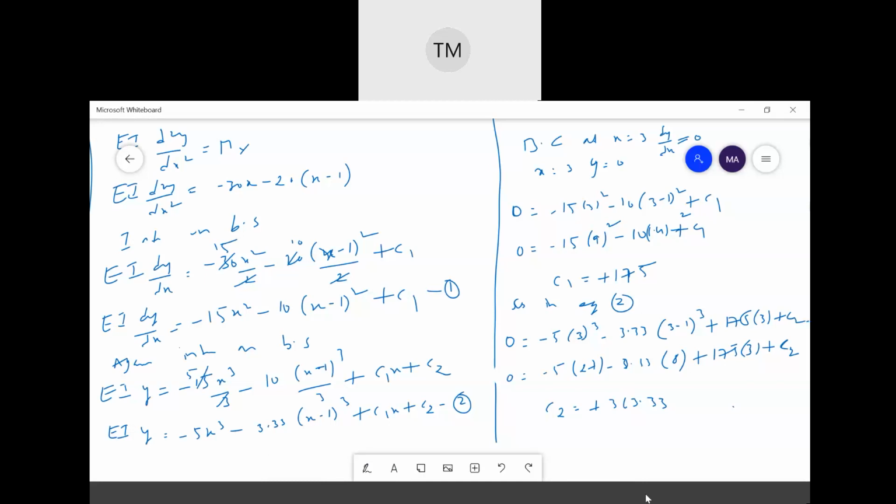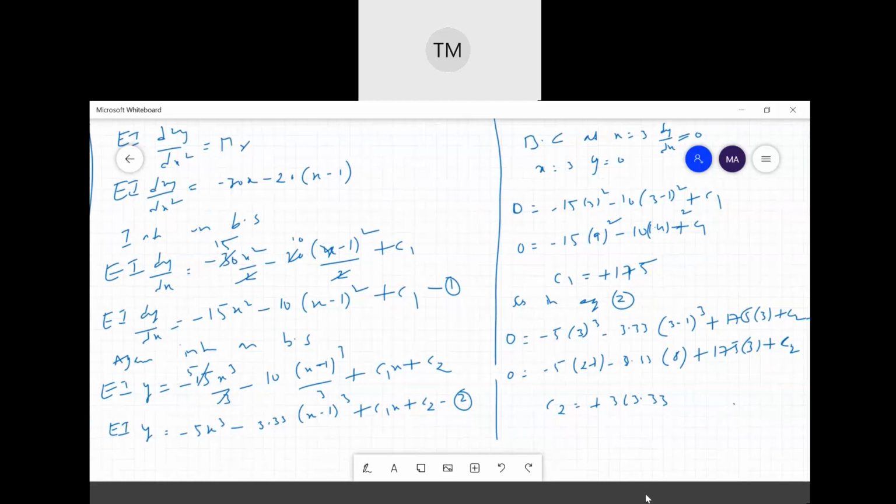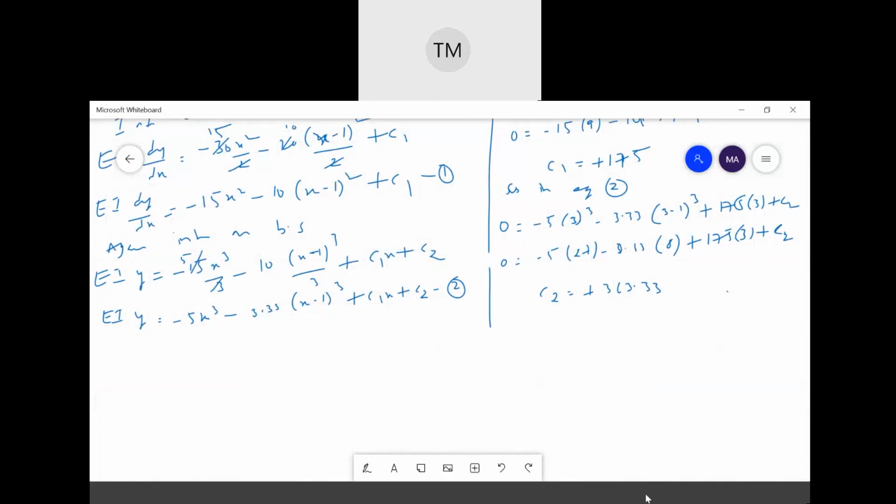Then here you have the slope and deflection at free end. Here you are calculating the slope and deflection at free end. It is at x is equal to 0.